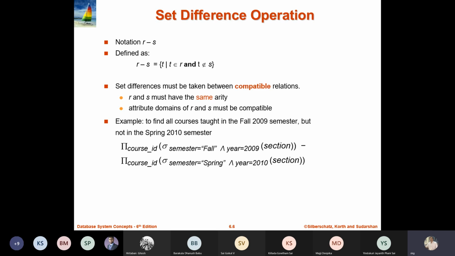So those are the courses which are there in the fall but not in the spring. In our example, if it were the other way around, DBMS would be there, but otherwise DBMS will not appear, since DBMS is in the spring.